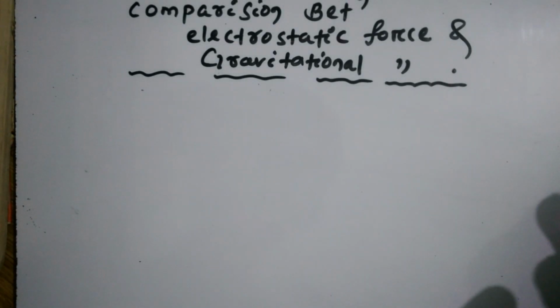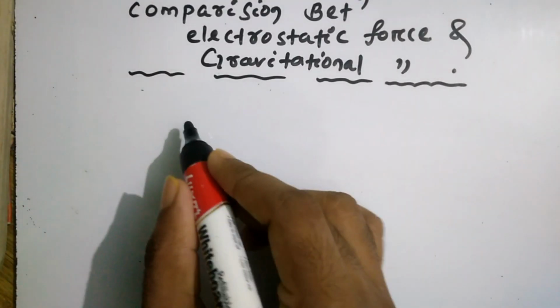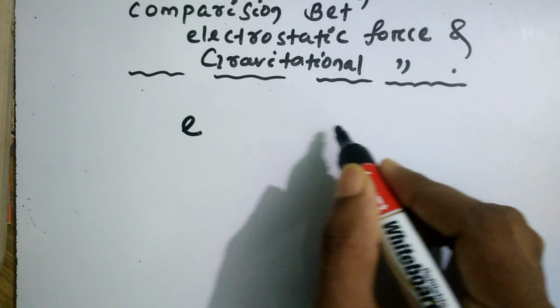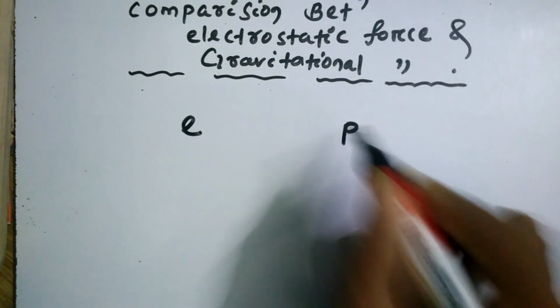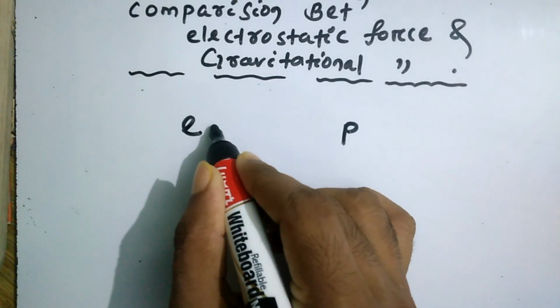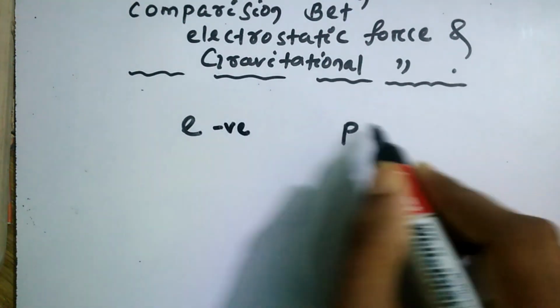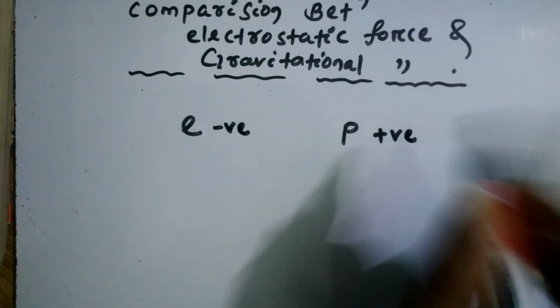So friends, for the proof I am taking two charges. One is an electron and the other one is a proton. Electron is denoted by e, proton is denoted by p. Electron is negative, proton is positive. We all know it.